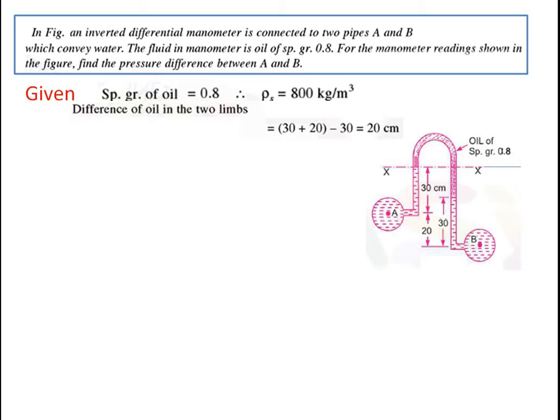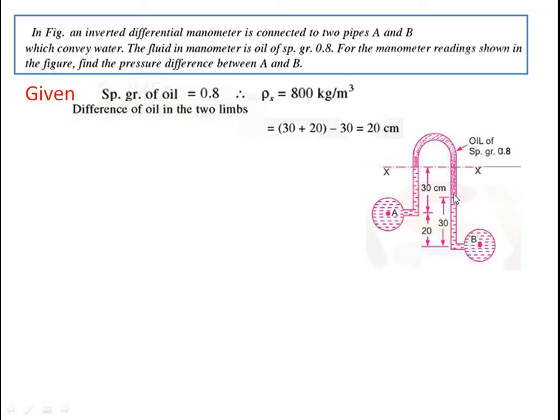The difference in oil level in the two limbs is 30 plus 20 minus 30, which is 20 cm. From reservoir A to this height is 30 cm, and from here to this height is 30 cm. So how to calculate the difference? We know the total height is 50 cm minus the change of 30 cm.